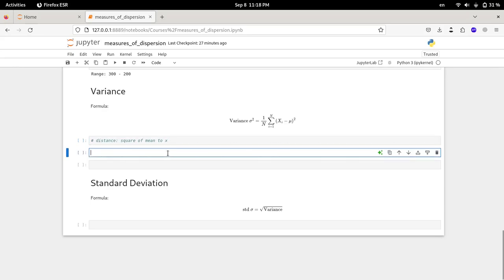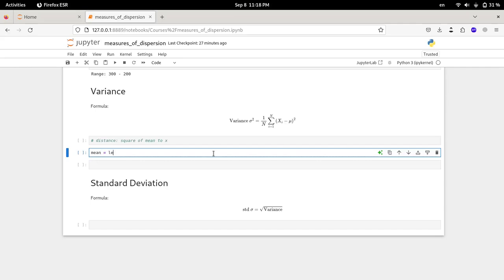Okay, now let's see how to calculate it. If we look at the formula, xi represents every data point in the data x. So now what we can do, we need to first calculate the mean of the data.